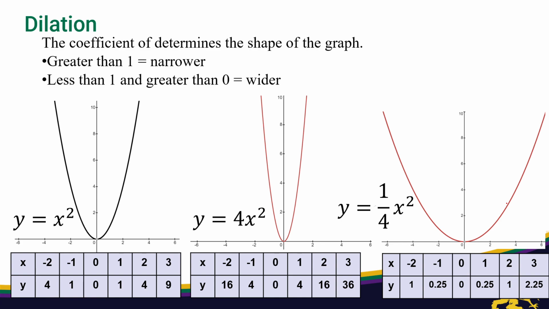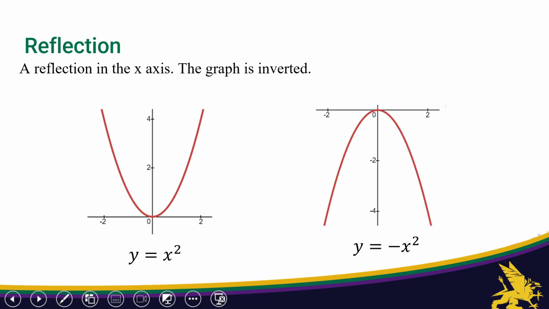So straight away we can see that relationship right here. And it clearly shows us that it's taking a lot longer to rise. So making a dilation is knowing it's really focusing on how narrow or how wide your graph is.